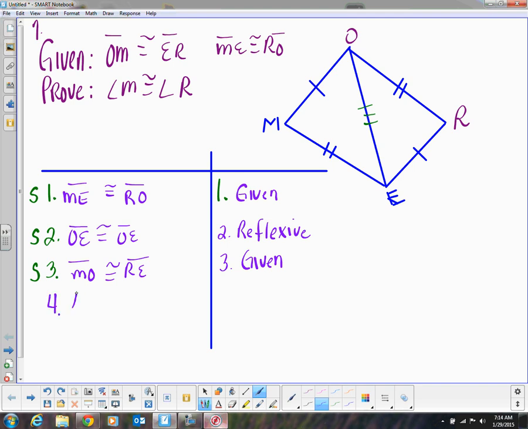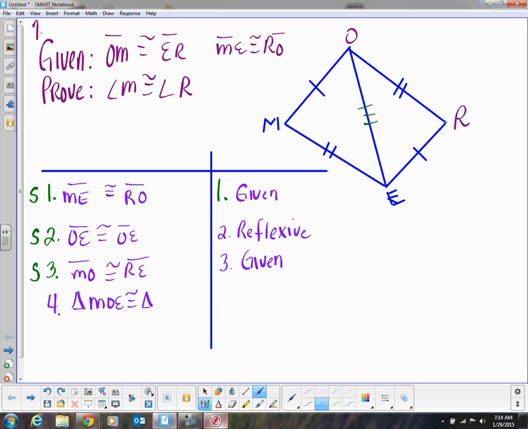Not yet. Triangle. Triangle MOE is congruent to triangle. Okay, M to O. So, hold on, I got to think through this. M single double. So we've got to go R. We went along the single.